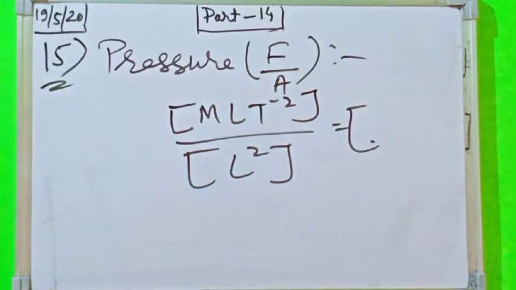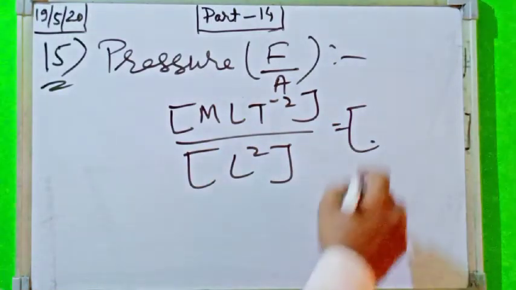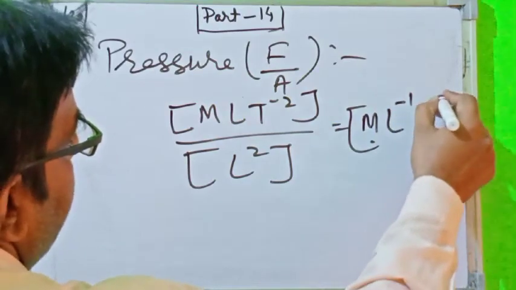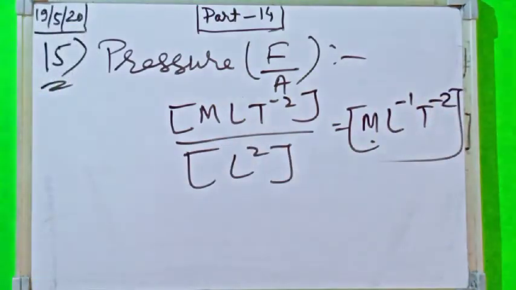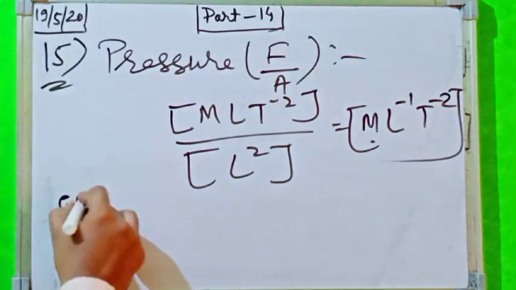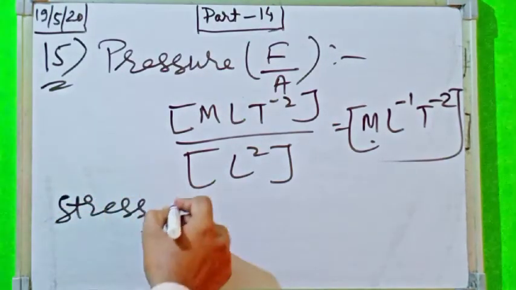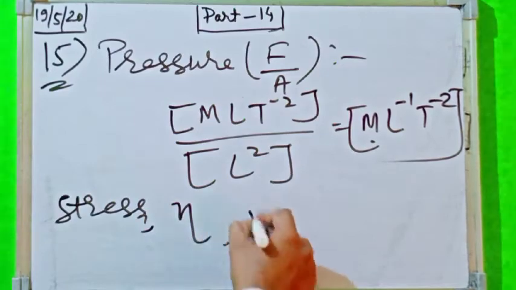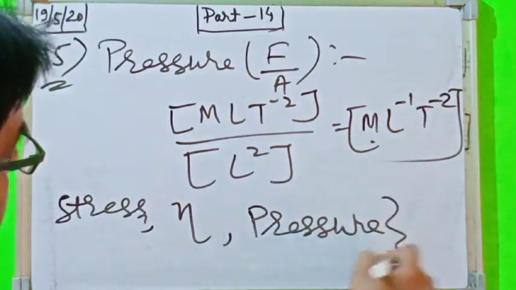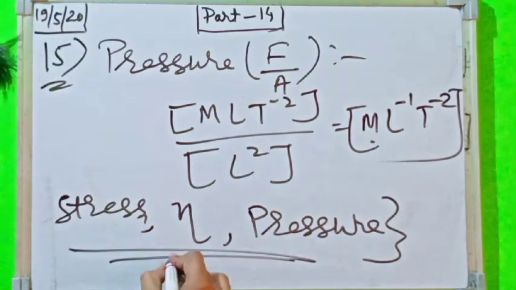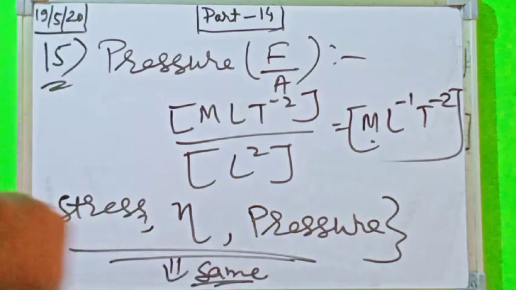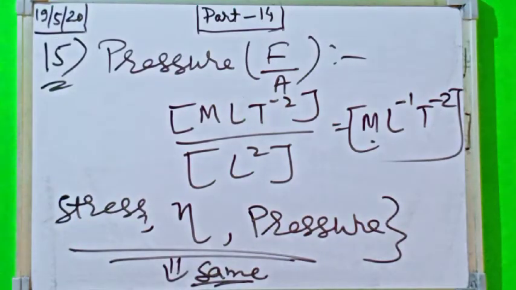So the pressure has its dimensional formula M L^-1 T^-2. So what we have observed is that stress, modulus of elasticity and pressure, all three have the same dimensional formula.